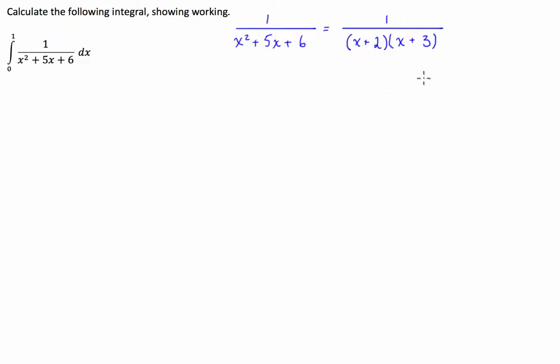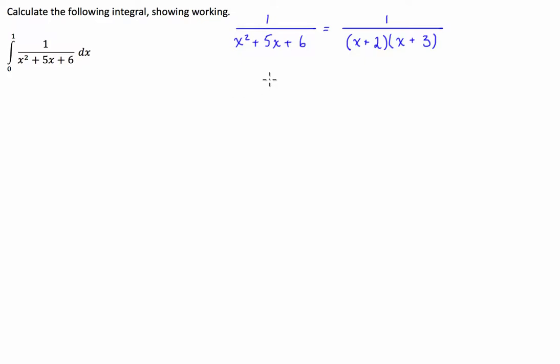Now, the way that this is going to work in terms of our partial fractions, is we've got to redo the numerator so that we can break the denominator into two linear sections, i.e. x plus 2 and x plus 3.